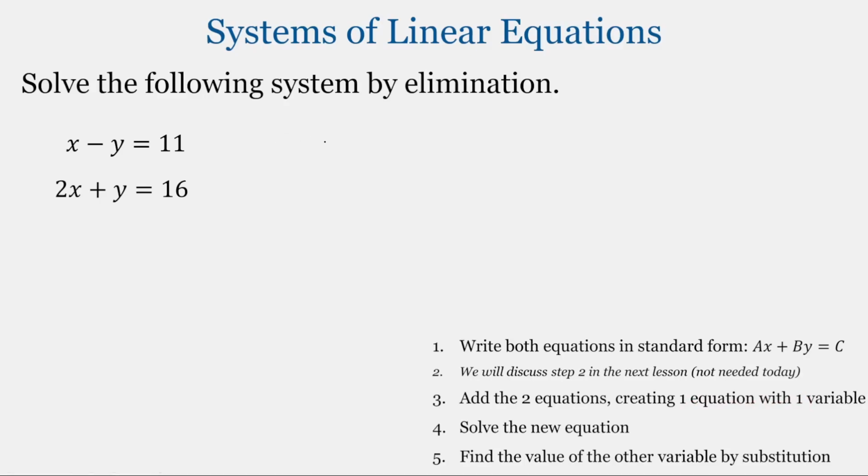So when we add these equations, we're going to add the two left sides. So we have x minus y, that's the first equation, plus the second equation, 2x plus y. And then that's equal to, well, the first equation's 11. The second equation is 16. This is one way of adding these two equations.